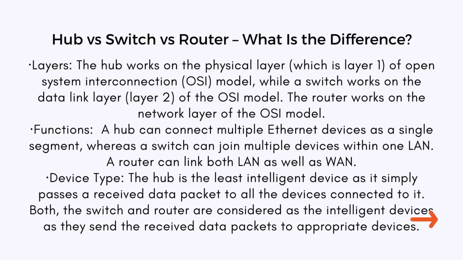The hub is the least intelligent device, as it simply passes a received data packet to all the devices connected to it. Both the switch and router are considered intelligent devices, as they send the received data packets to appropriate devices.